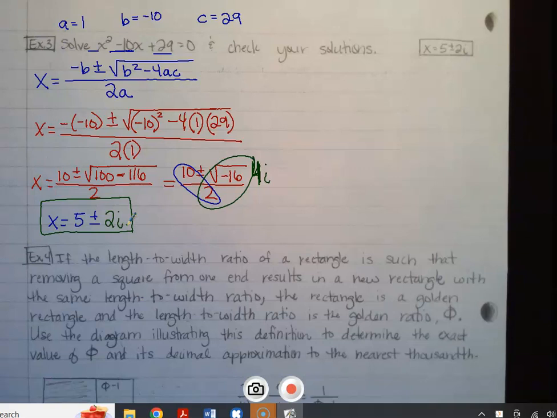We're going to scratch the check your solutions part for right now, trying to save you some time so you have time to work on it. But again, you would plug the numbers in, using what we've learned about imaginary numbers and complex numbers, what we've been working on with square roots, to do that.